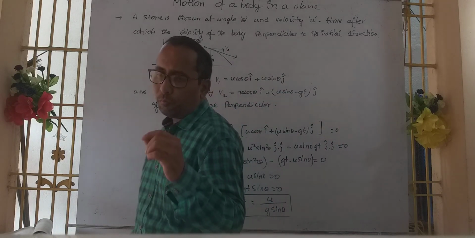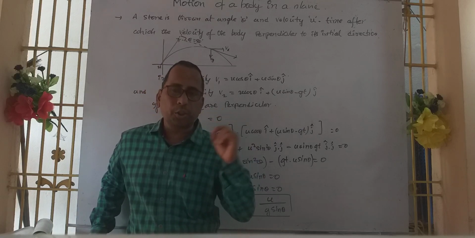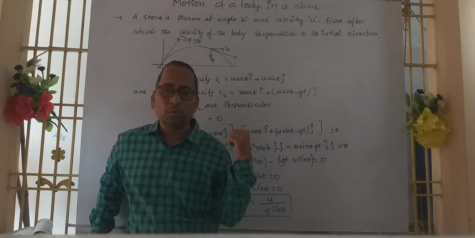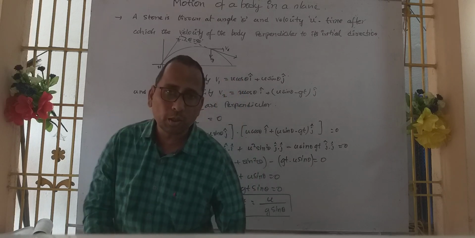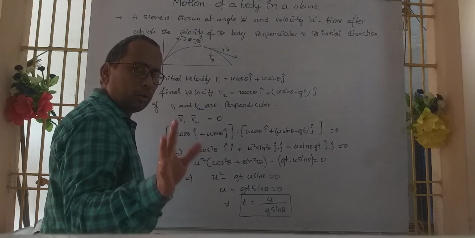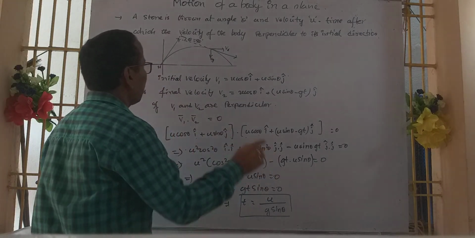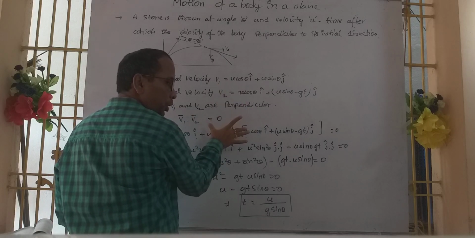This is a very important approach, not only for projectile motion. Vector rotation will be observed throughout the syllabus. The main theme is just one concept: if two vectors are perpendicular, their dot product will be 0.